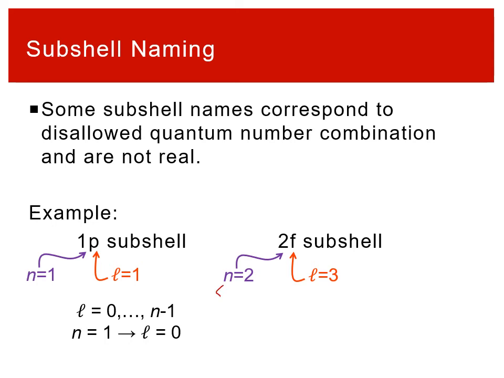That should be an immediate red flag that that L value is larger. That is impossible. When N equals 2, L can only be 0 or 1. So 2s and 2p are allowed. 2f is not allowed, nor is 2d. Only 2s and 2p. There are only 2 subshells in the N equals 2 shell, in that second shell.